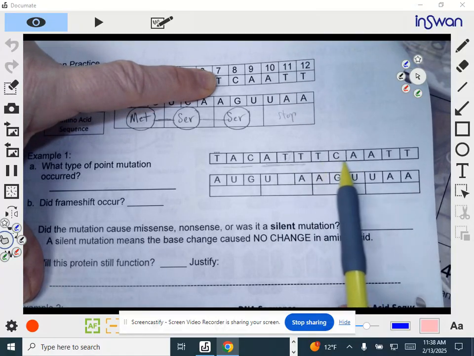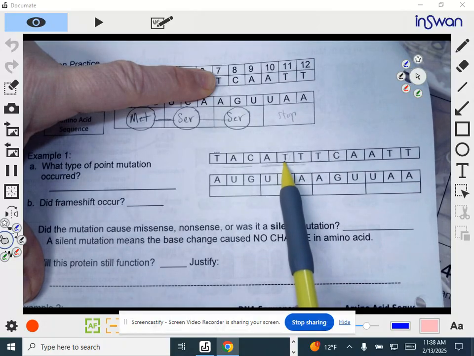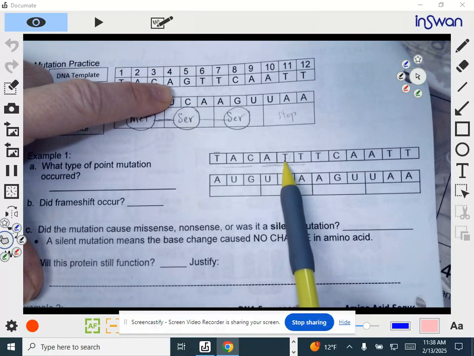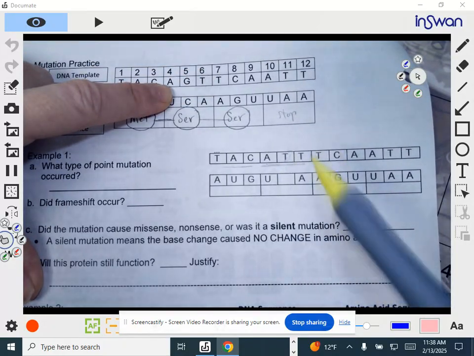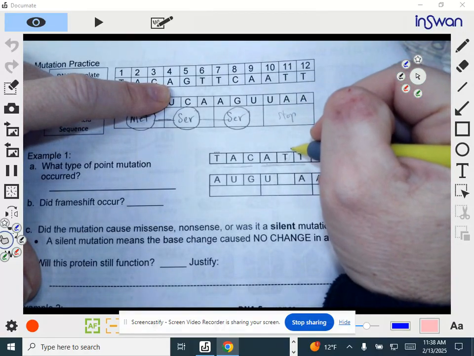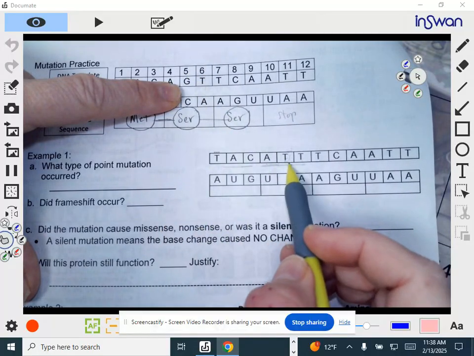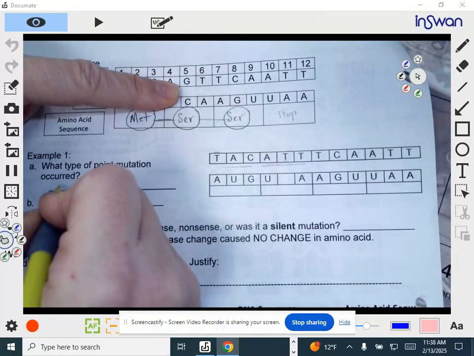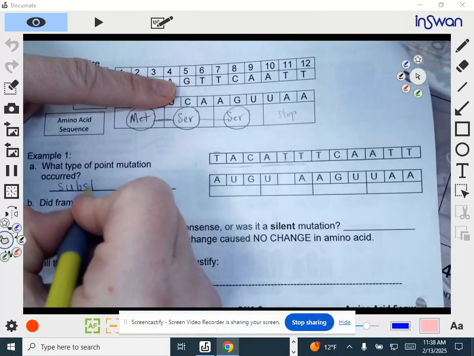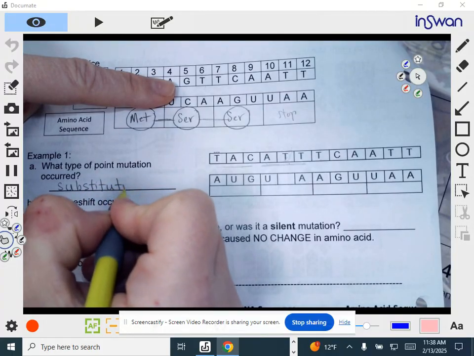Okay, TCA is still right here. So it looks like this isn't an insertion or anything like that. The G was taken out, a T was put in its spot, so that would be a substitution mutation. It's the type of point mutation.